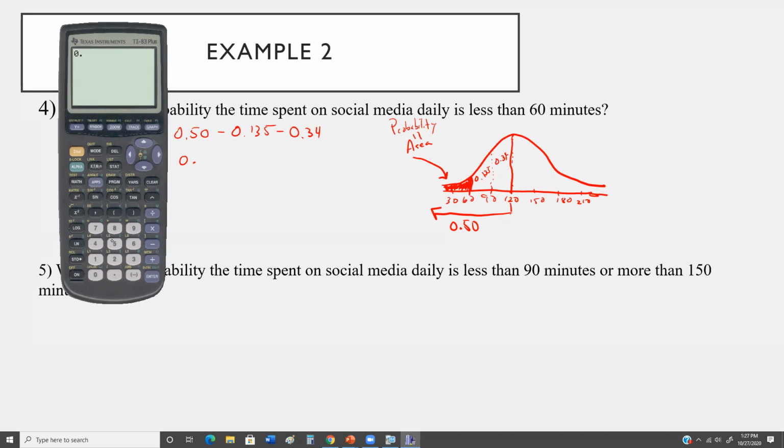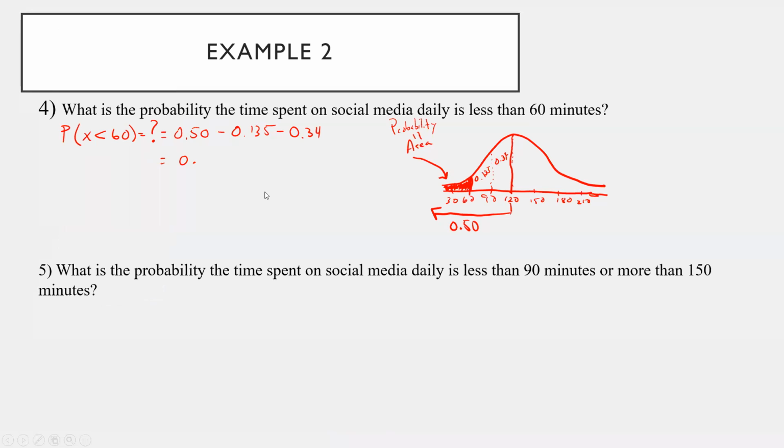So 0.50 minus 0.135 minus 0.34, you get 0.025. Does that make a little bit of sense? I got one yes.